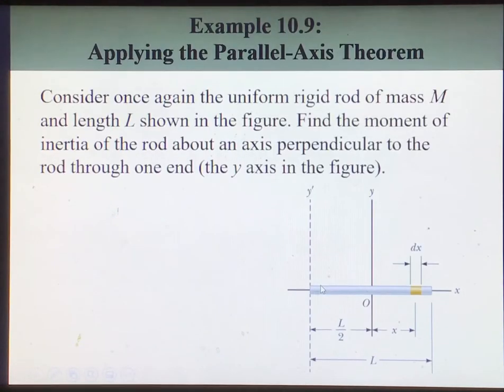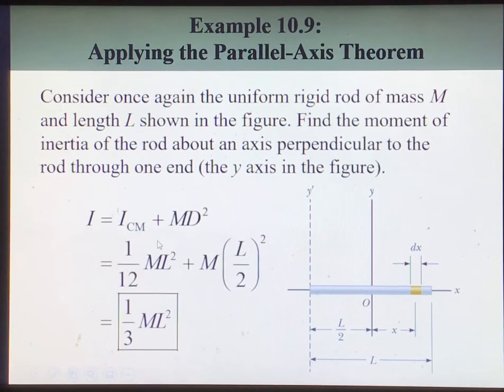So we're going to do one application here. In example number 10.9, we're going to apply the parallel axis theorem. Suppose that we want to calculate the moment of inertia about this new axis y prime, and we know what the moment of inertia about y is. Then we can use this equation right here.